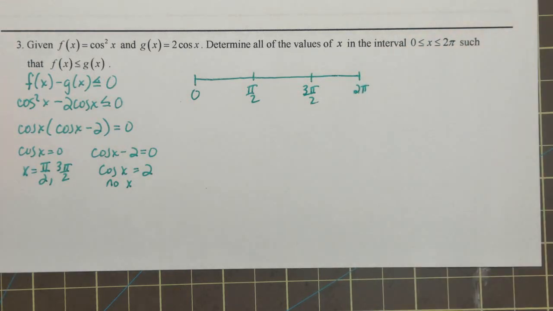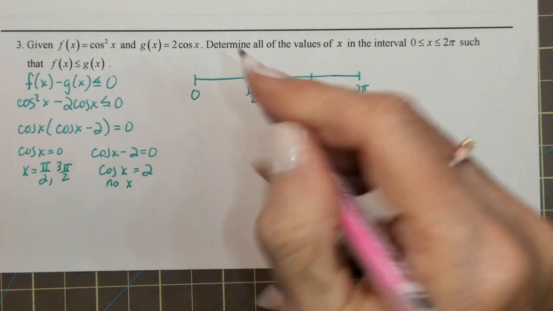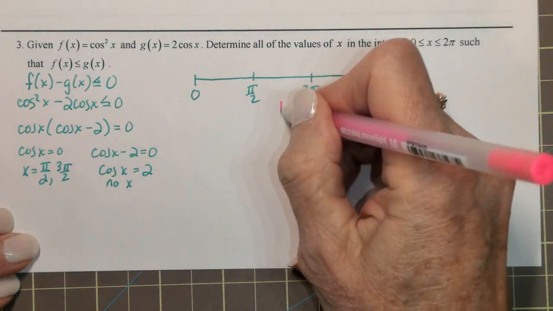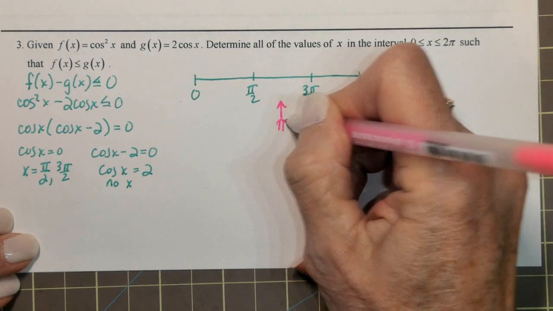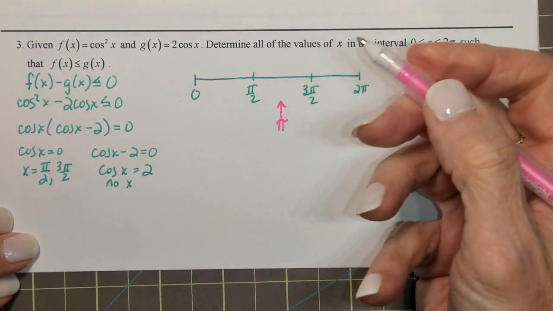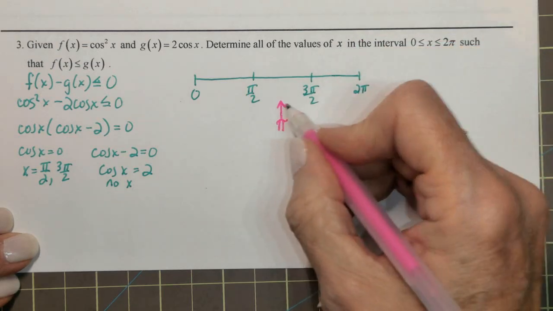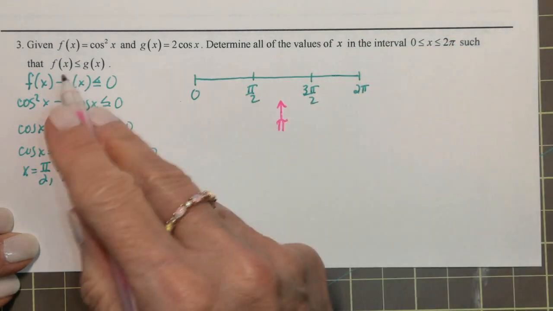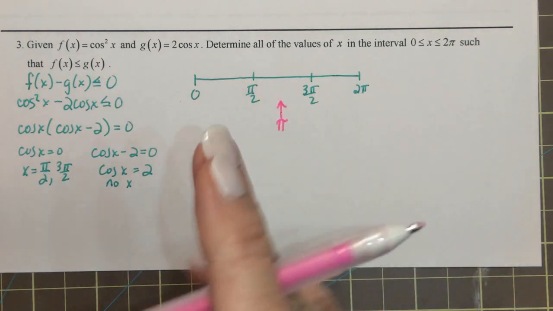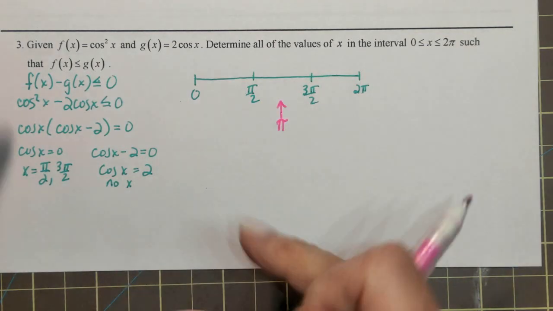Alrighty, let's pick a nice value of x to put in. I see that pi is available, so I'm going to use pi. Another nice number would be pi over 6, maybe, but pi is even better. At pi, we're going to get a 0 or a 1 or a negative 1 for cosine.